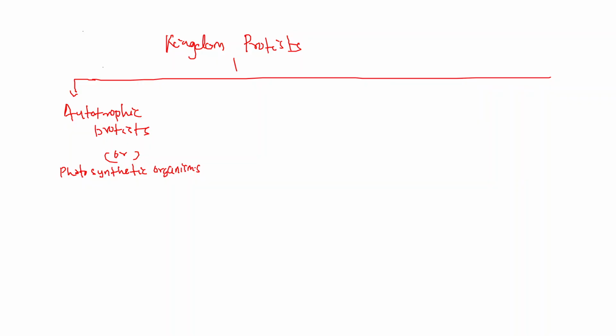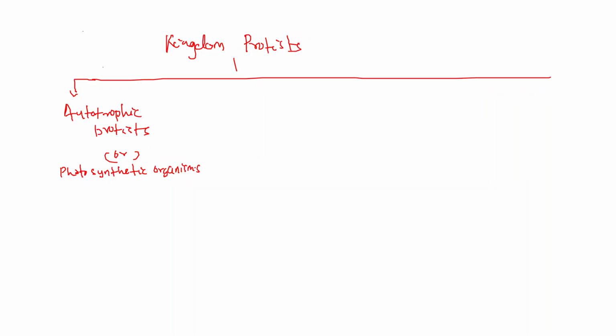It means the characters of protist organisms are mixed with some characters of plants, or some characters of fungi, or some characters of animals. In the last class I already said that protists are known as the connecting link between the prokaryotes and the eukaryotes, meaning the connecting link between kingdom Monera and kingdom Fungi, Plantae and Animalia.